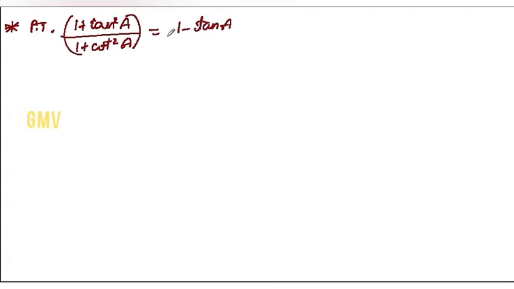Prove that 1 plus tan square A by 1 plus cot square A is equal to 1 minus tan A divided by 1 minus cot A whole square is equal to tan square A. So we have to prove these three are equal.